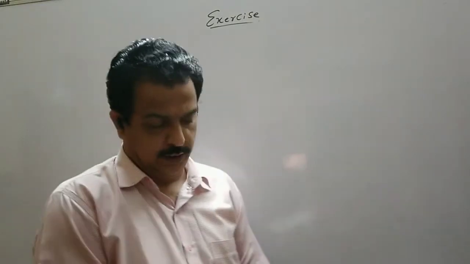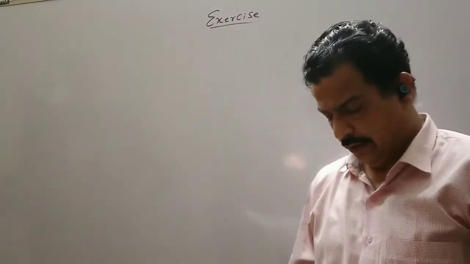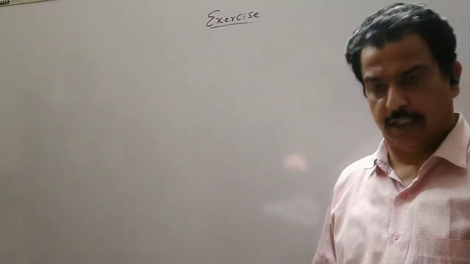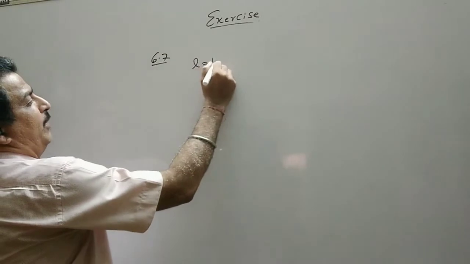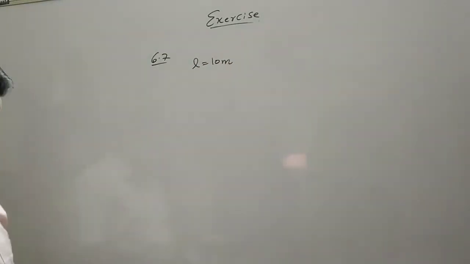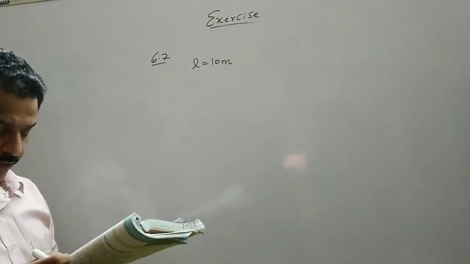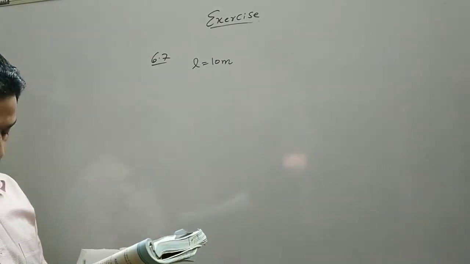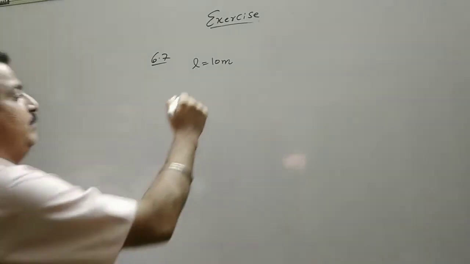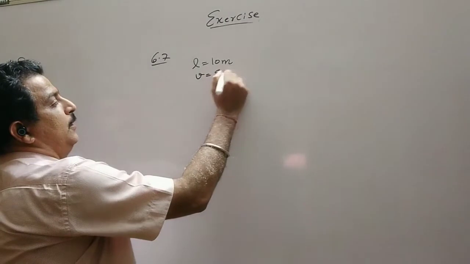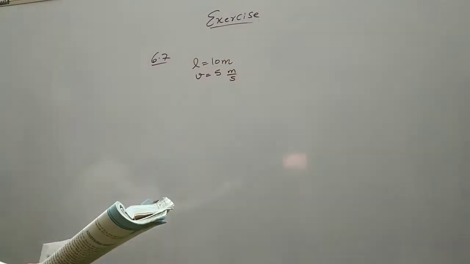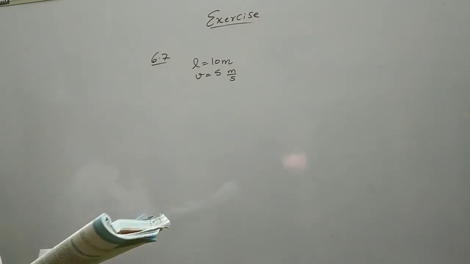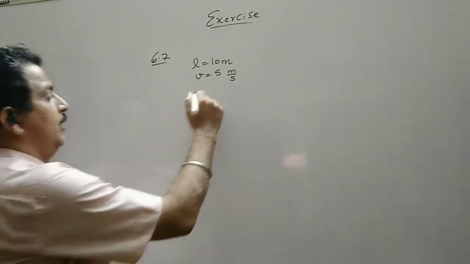Now let us see question number 7. We have a horizontal straight wire of 10 meter long. The length of the wire is 10 meter. It is extending from east to west, and is falling with a speed of 5 meter per second at right angle to the horizontal component of the Earth's magnetic field.